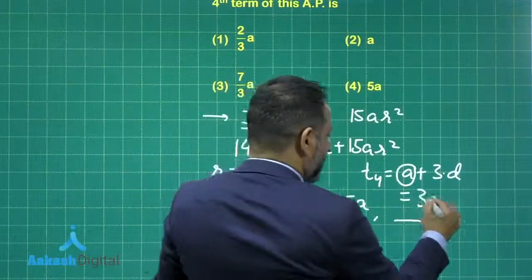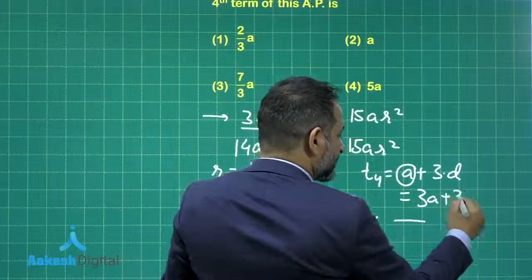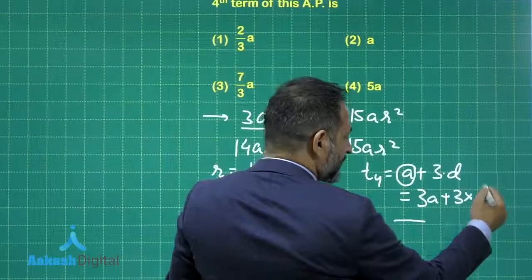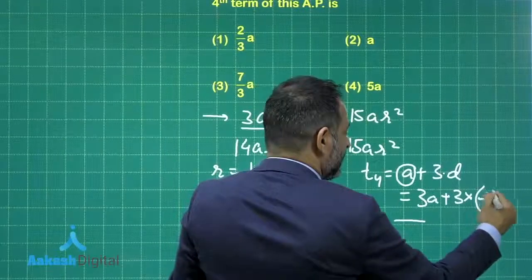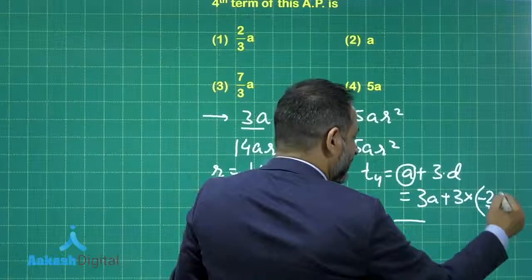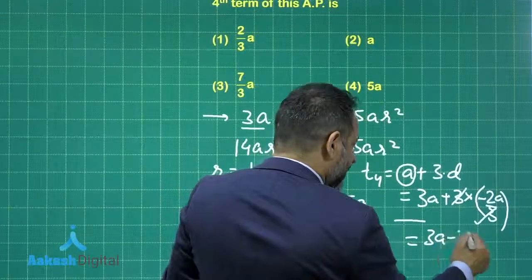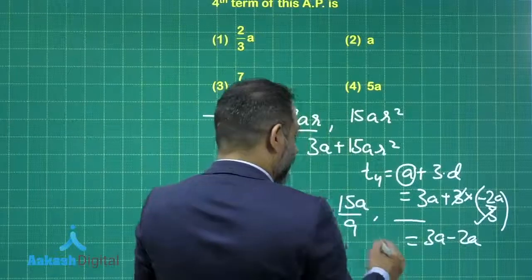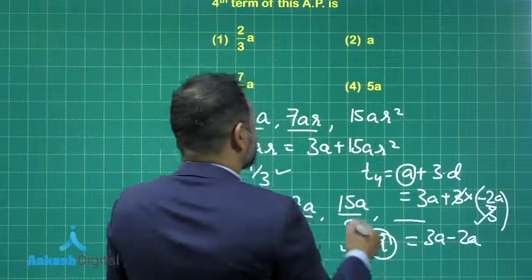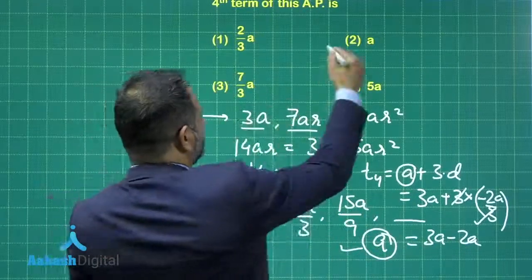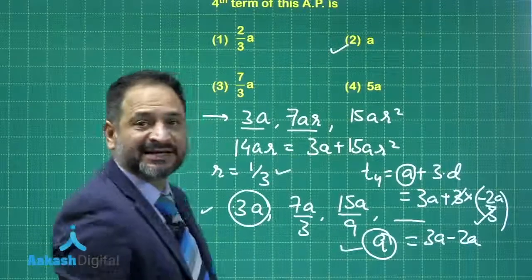So 3A plus 3 into the common difference, which is minus 2A by 3. Now finding this will give you the value 3A minus 2A, which is equal to A. So the correct option here for us is the second one.